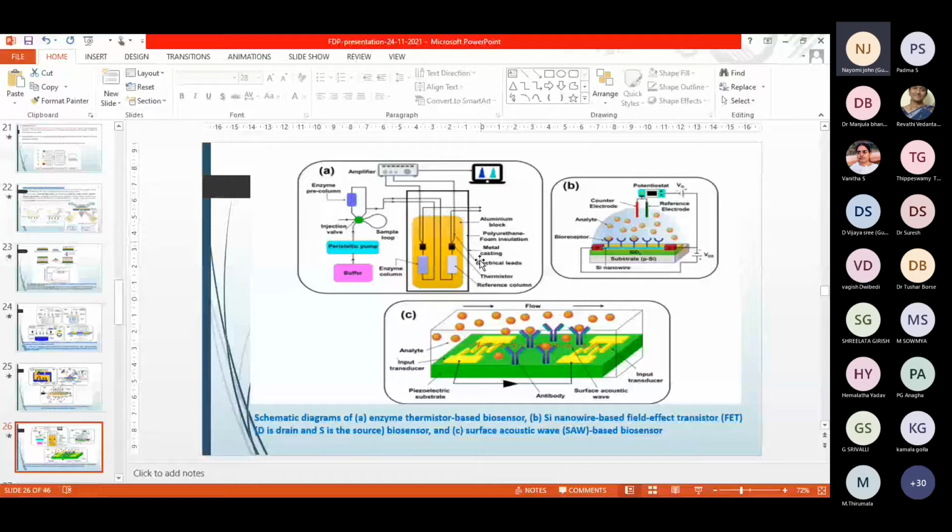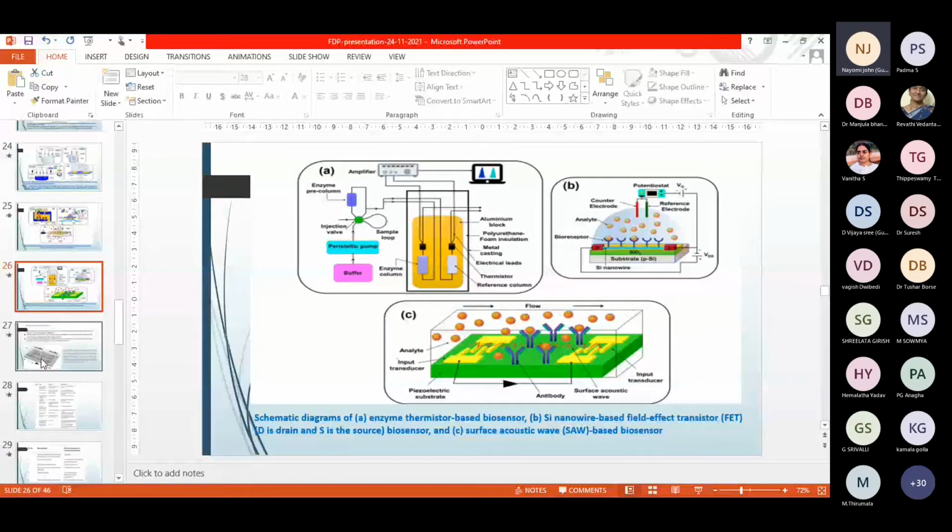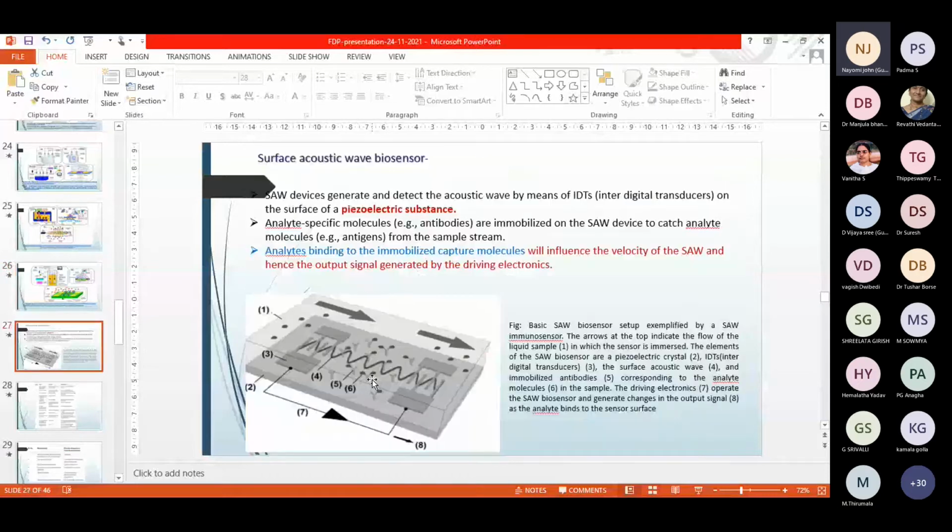And here there is the material, and in detail I will show in the next slide. There are two transducers called interdigital transducers, where I am putting the cursor here. This one is called the input interdigital transducer.